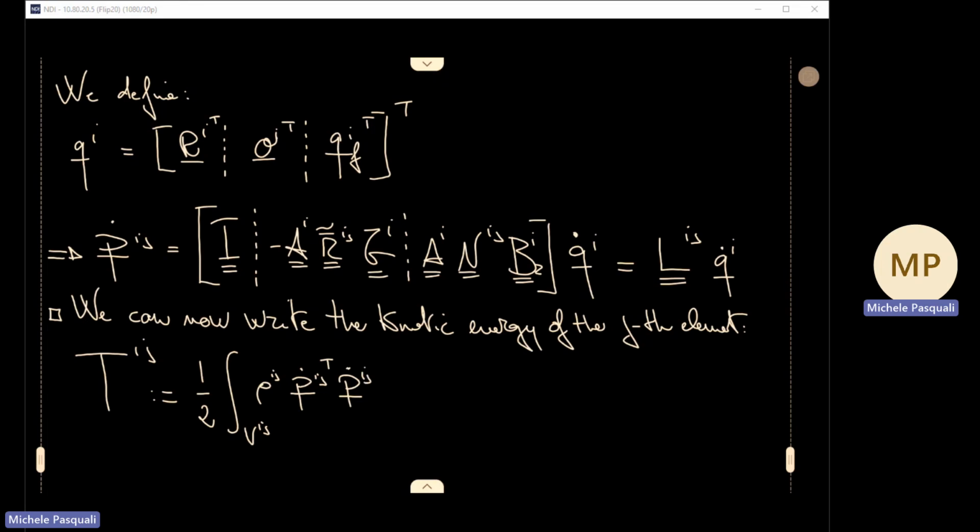Again, this transpose operation is just another way of rewriting a scalar product. Integrated over the volume.